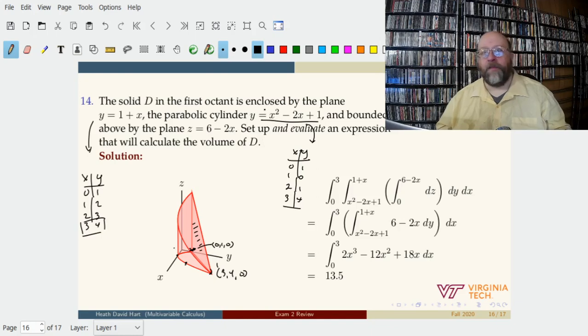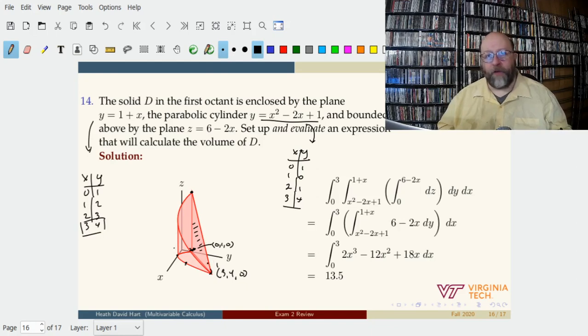And again, there's no z in this equation, so this parabolic cylinder rises up in the z direction also. And in fact, because it's curved, it rises up and all the way around until it meets the top over here.